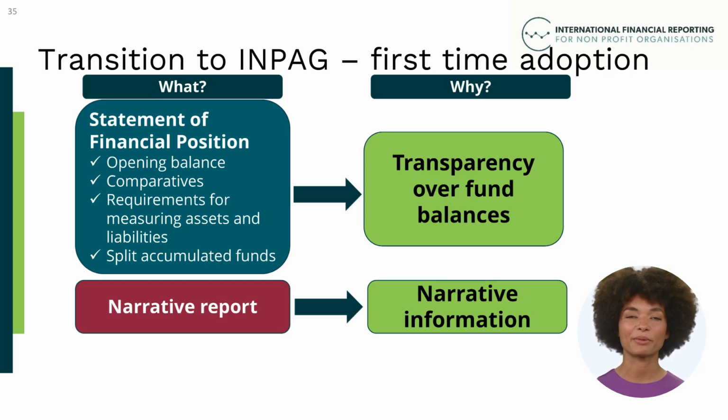This means that accumulated funds that contain historic surpluses and deficits must be split between funds with restrictions and funds without restrictions. The requirements are based on the importance of transparency over balances on funds with and without restrictions, and the need for narrative reporting, both of which have been emphasized by stakeholders.